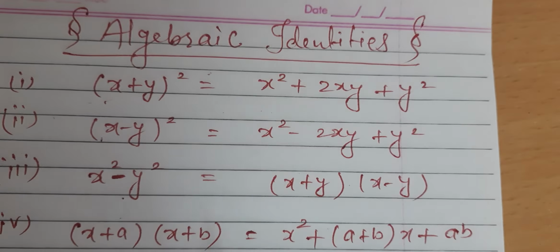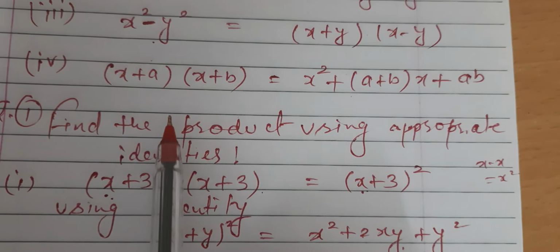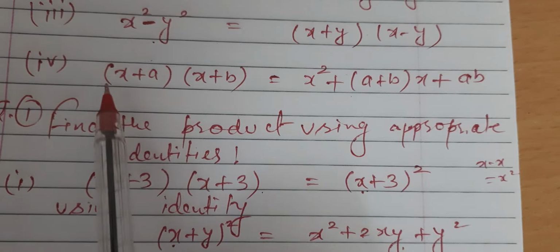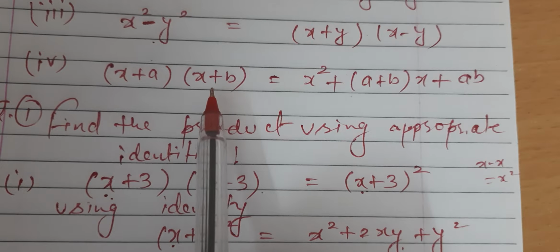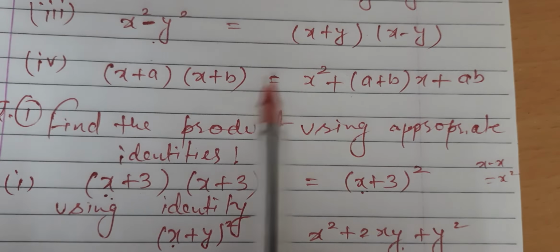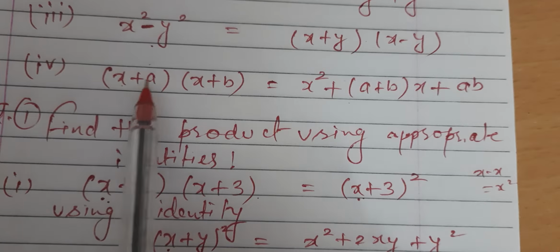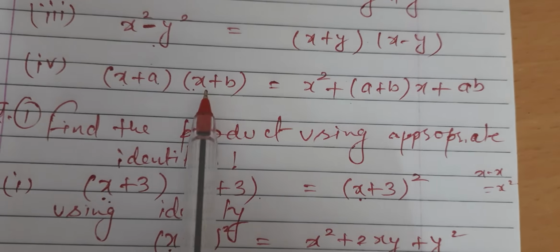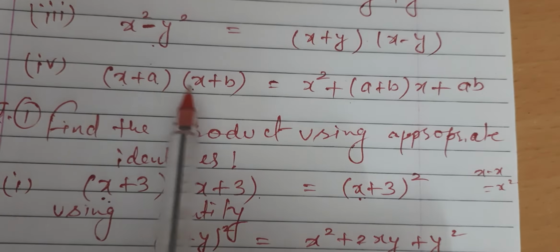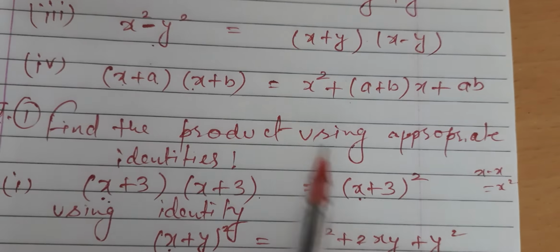The third identity also we cannot use, but we can use the fourth identity, (x plus a) multiplied by (x plus b). Be careful, it is x plus a and x plus b, it's not y plus b. This x should be the same, right?